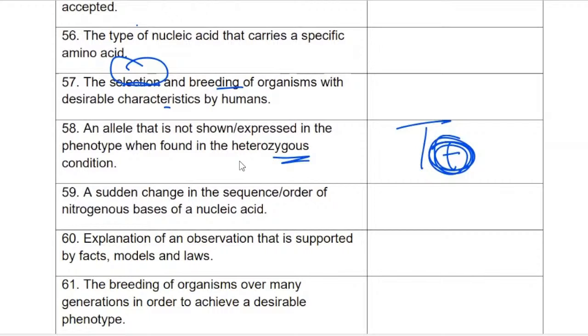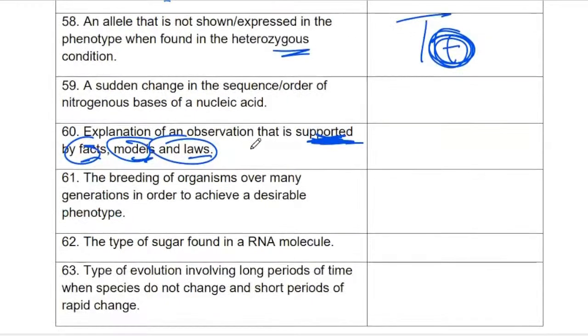A sudden change in the sequence of nitrogenous bases of the nucleic acid, we call it gene mutation. An explanation of an observation that is supported by facts and models, they didn't talk about a tested hypothesis, but the moment it is supported with this, it becomes a theory.